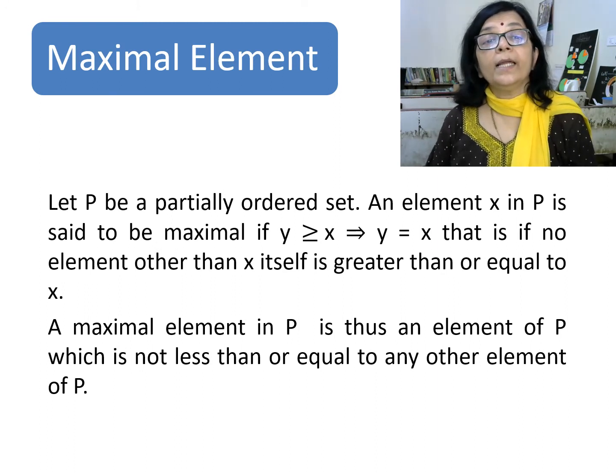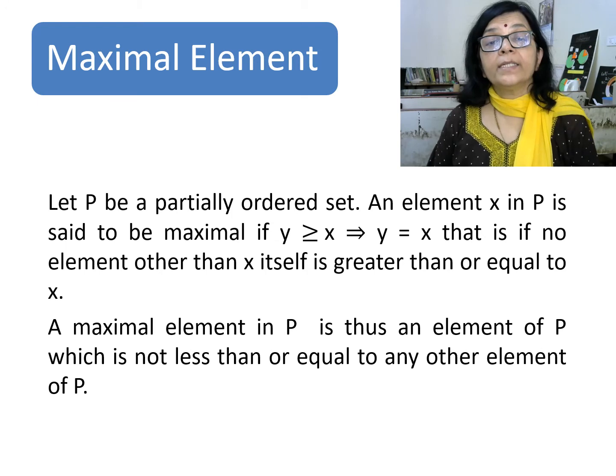Now maximal element. Let P be a partially ordered set. An element x in P is said to be maximal if y ≥ x implies that y = x, that is, if no element other than x itself is greater than or equal to x.